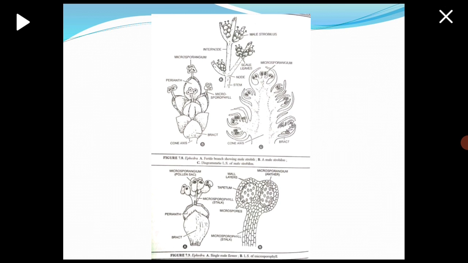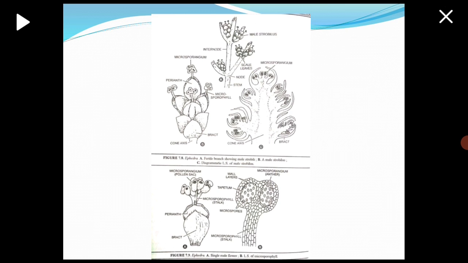They are borne in groups of 2 to 4 at the nodes of female branches, each in the axil of a scale leaf. Each female strobilus has a short central axis on which about 2 to 4 pairs of opposite decussate bracts are arranged.